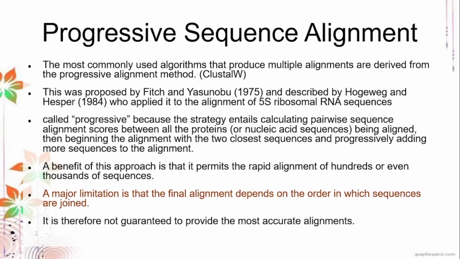Now, if sequence C and sequence D are very closely aligned, but you add them not as a pair, or you add them in a different order, as I said, A and B first, then sequence C, then sequence E before you add the sequence D. Now, if the two C and D are quite closely aligned, but when you align sequence C to sequence A and B, it's no longer the optimal alignment that would happen when you align C with D. And because of this dependence on the order in which the sequences are joined, it's not guaranteed that you would have the most accurate alignment results.